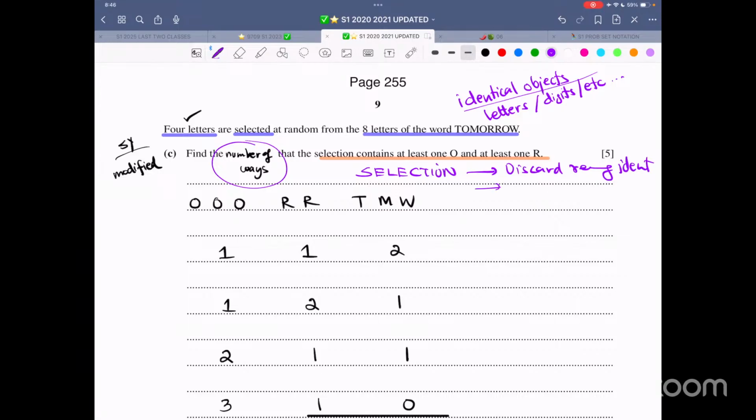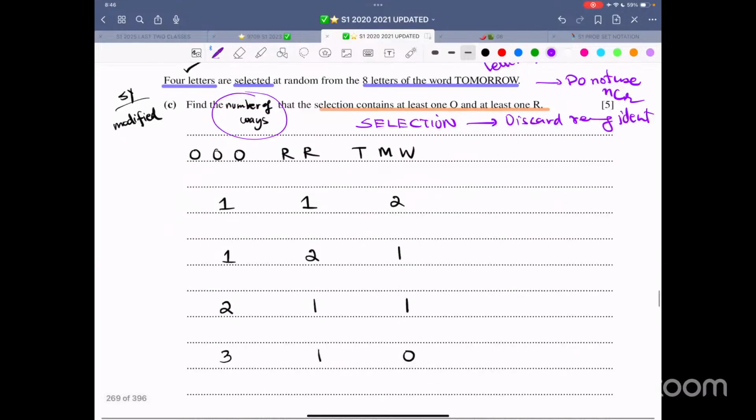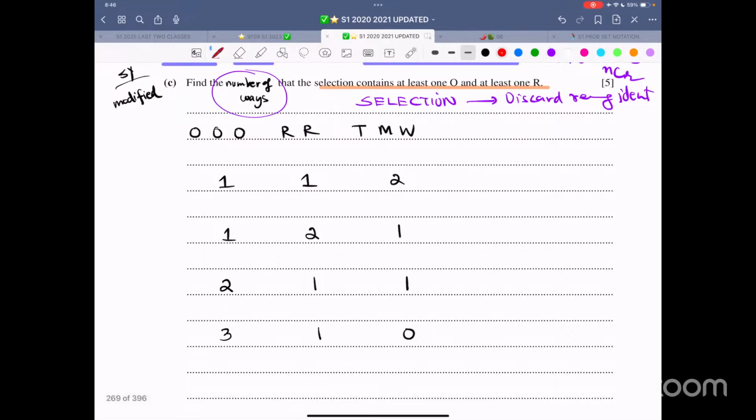And one other thing, do not use NCR. Got the idea? So now, if this is the scenario, if I choose 1 O, discard the rest. They are all like photocopied paper. If I choose 1 R, discard the rest. So I won't write anything, I'll simply write 3C2.